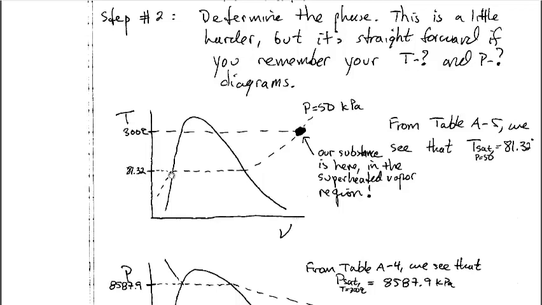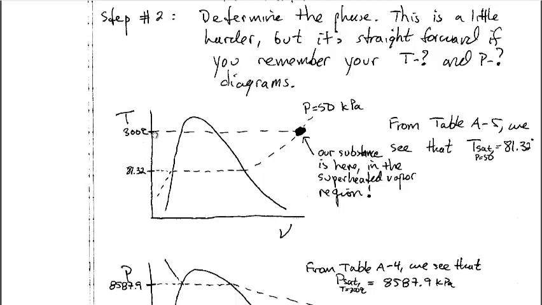So that allows me to position the saturation temperature and pressure of water when the saturation pressure is 50 kPa. But my substance is at 50 kPa, and I don't know if it's saturated or not. What I do know is that it's at 300 degrees Celsius. Well, 300 degrees Celsius is greater than 81.32 degrees Celsius, so I can draw that up higher on the y-axis.